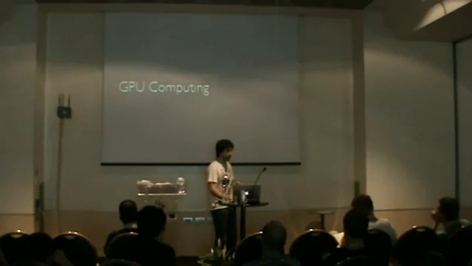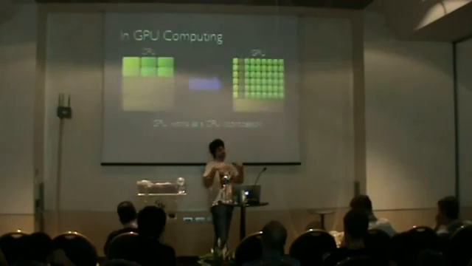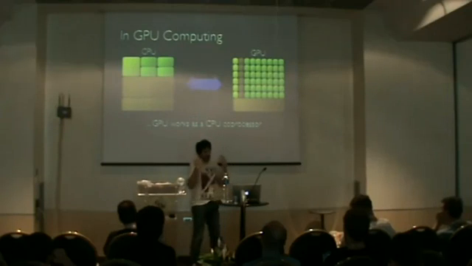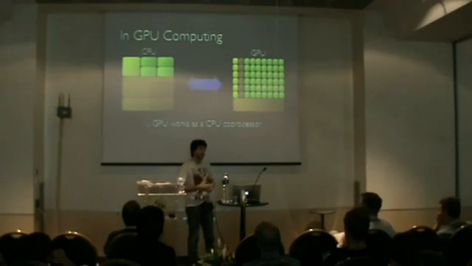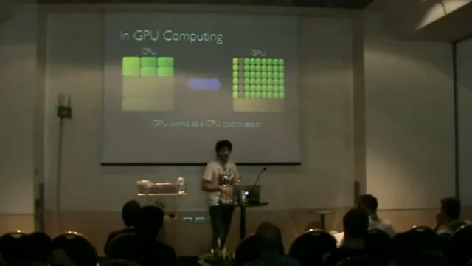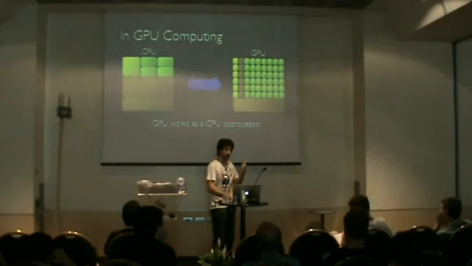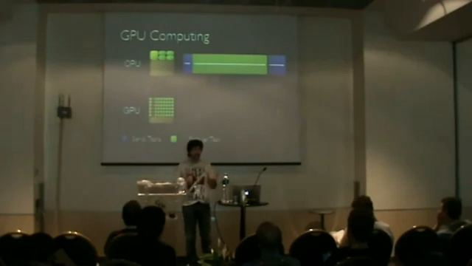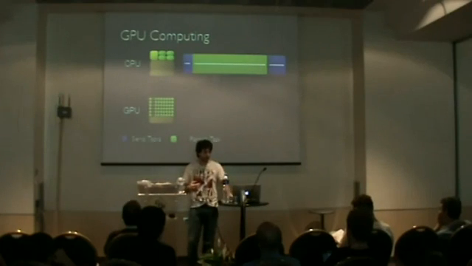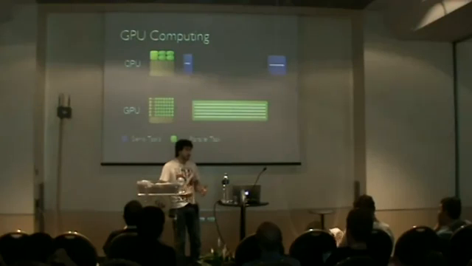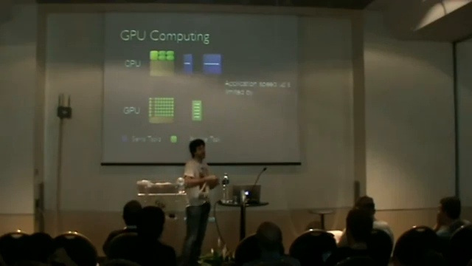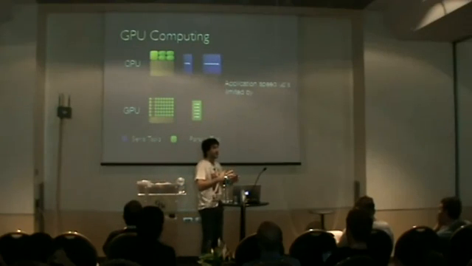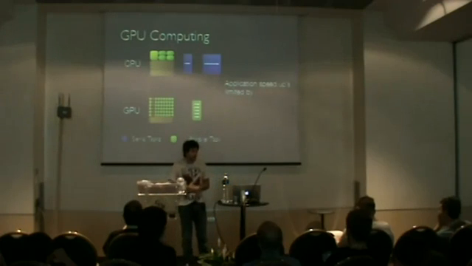In GPU computing, the GPU works as a coprocessor for the CPU. In your application, you can move the tasks that can be executed in parallel to the GPU and exploit the highly multi-core architecture of the GPU to achieve some speed-ups.